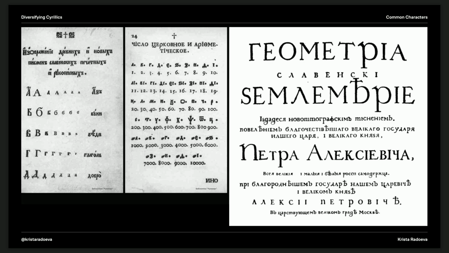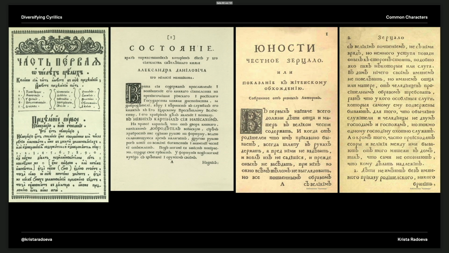So what they were really struggling with was coming up with different uppercase and lowercase letters. And the result was that, of course, they just repeated the same shapes for uppercase and lowercase, which is why nowadays all the designers are always complaining about how Cyrillic looks like small caps.